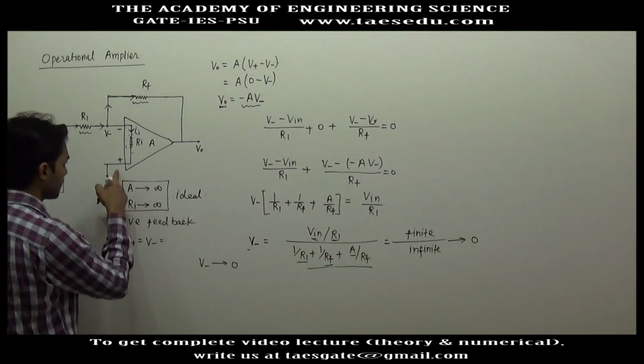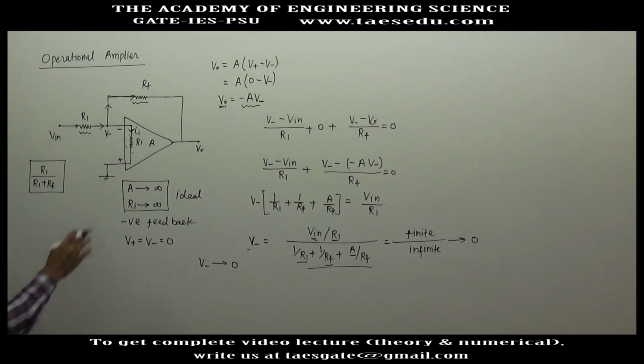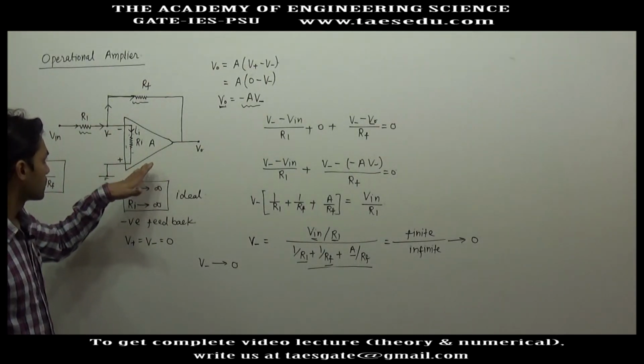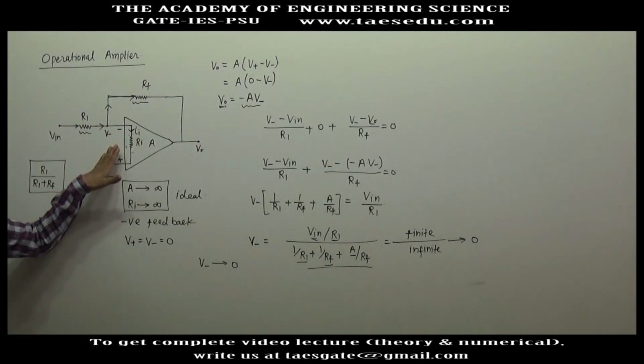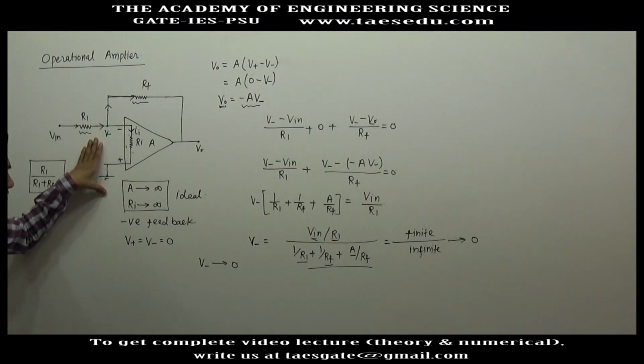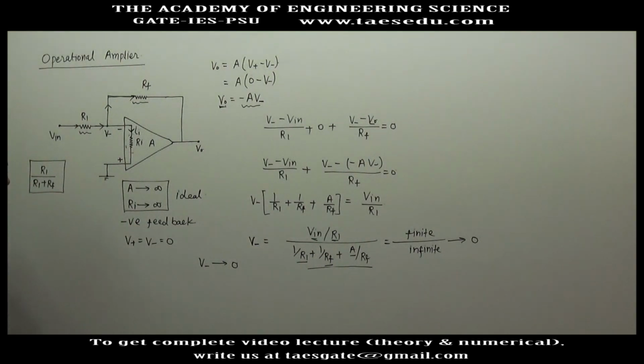In this case V plus is 0. These two voltages will be the same. So this is one of the important things we need to know in the case of an operational amplifier when it is connected as negative feedback.